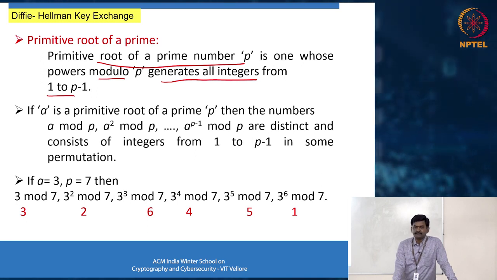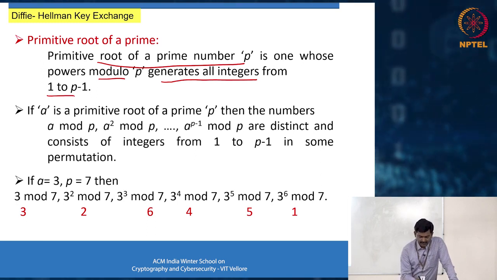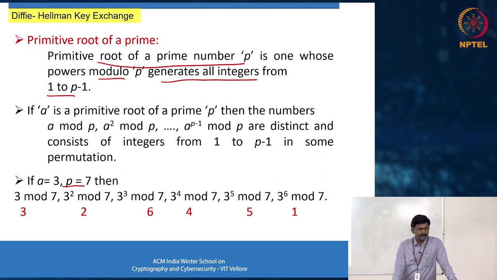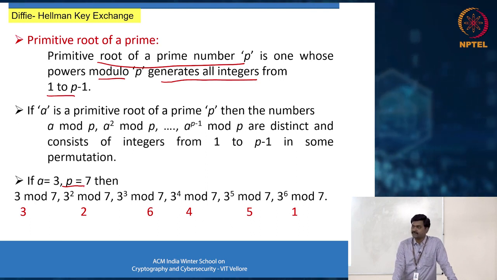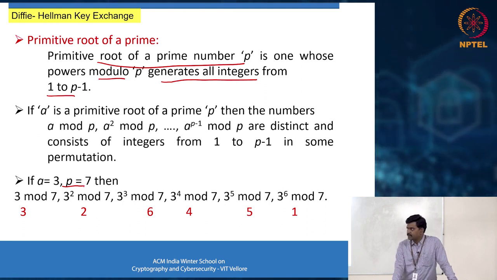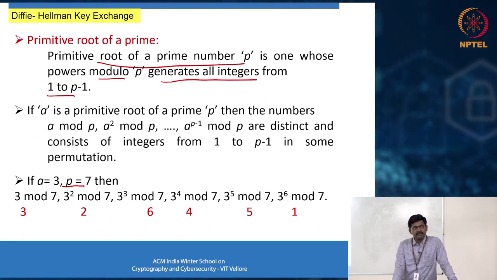Now imagine I have the prime number 7. Okay, and 3 is its primitive root. Why? Because of all its powers. What is meant by all its powers? 3 power 1, 3 power 2, 3 power 3, 3 power 4 and so on, up to when?